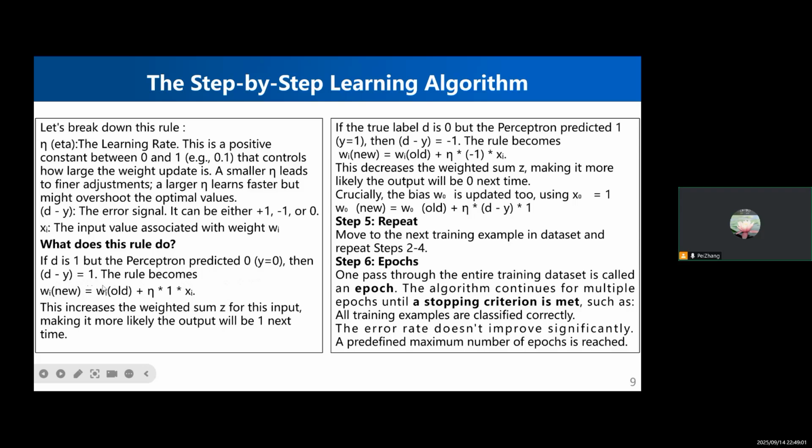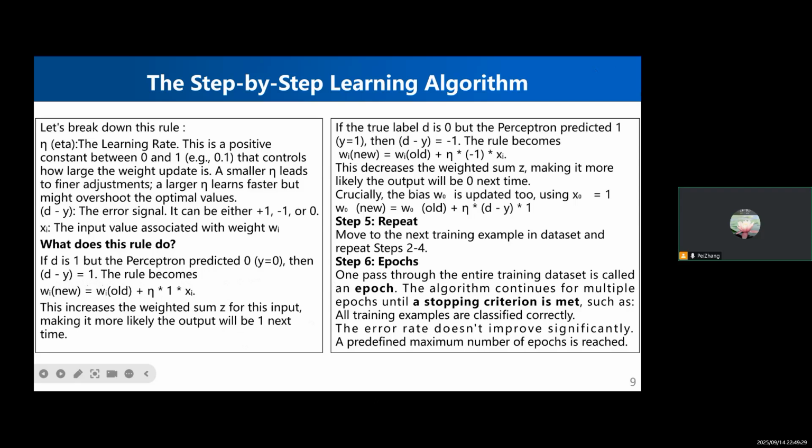The rule becomes the new weight is equal to the old weight plus eta, which is the learning rate, multiplied by 1 and multiplied by the input xi. This increases the weighted sum Z for this input, making it more likely the output will be 1 next time.